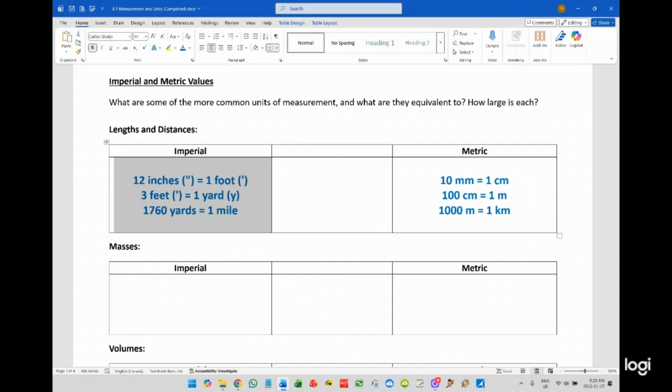For those of you who aren't familiar with it, inches is usually denoted with two little tick marks, much like a quotation, and feet are one tick mark. So for instance, if someone was 5'8", I could write it like that.